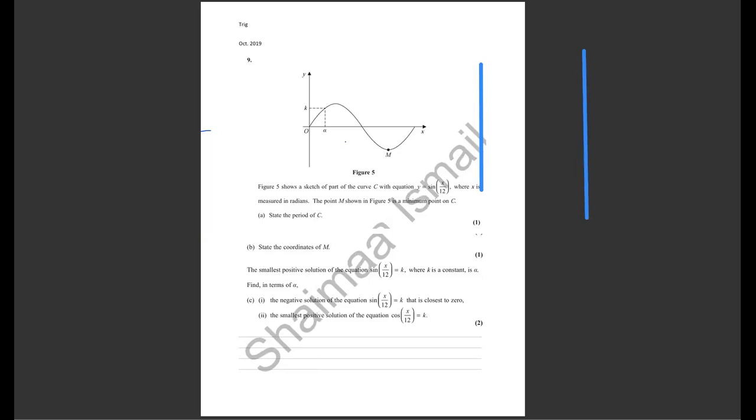The sine graph here is like this. And here, let's check if it's with radian. Yes, it will be with radian, so we have to write it here with radian.